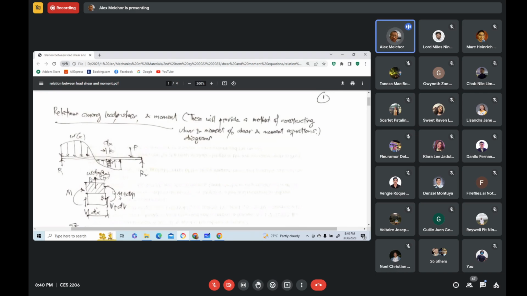So the intensity here is w times dx. That gives us the resultant going up. And the line of action of this force is located 1/2 of dx from either of the ends. Okay? In this case, we have this distance dx over 2.